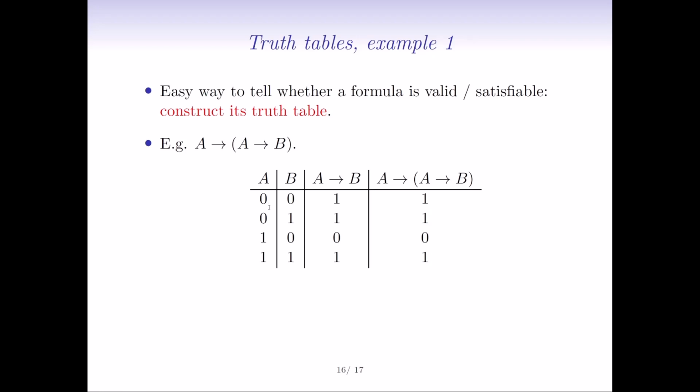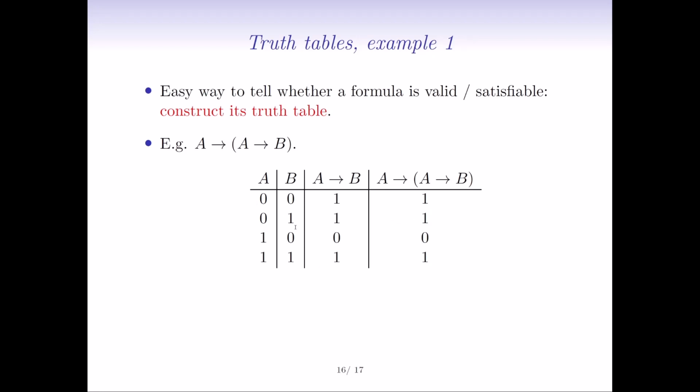And since the formula has 2 components, or actually 2 connectives, first of all, I've written down the truth table for A implies B, and then by looking at the lines for A and A implies B, I can construct a table for the whole formula. So A implies B should be true whenever the left-hand side A is false.